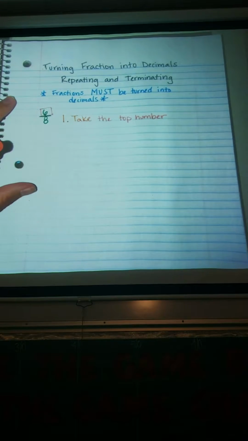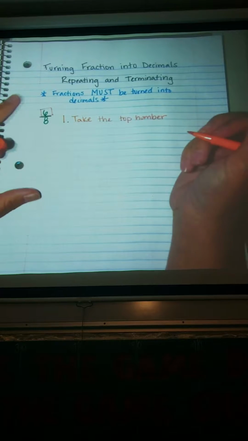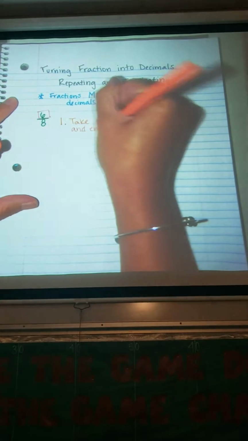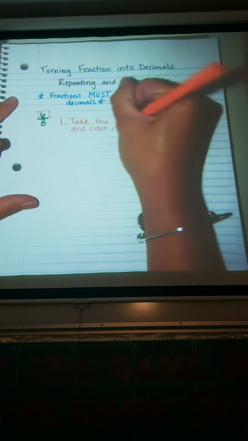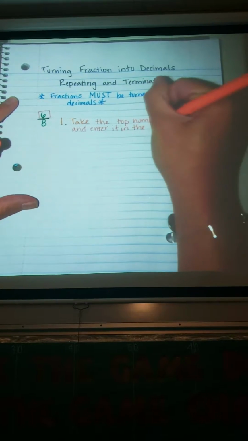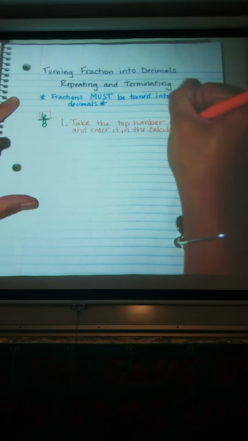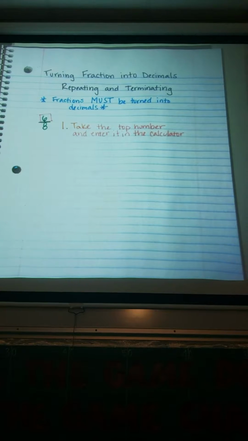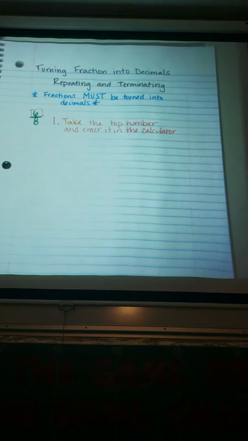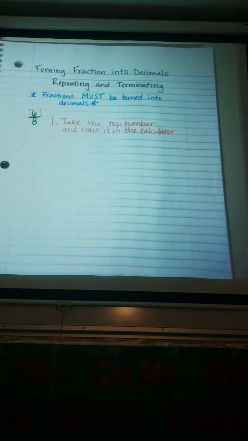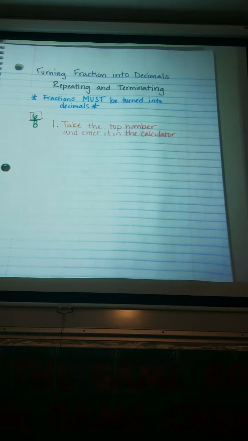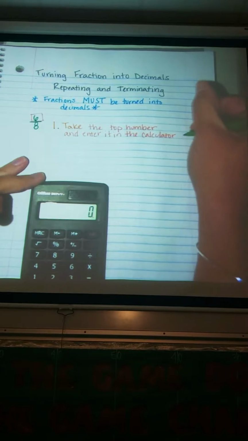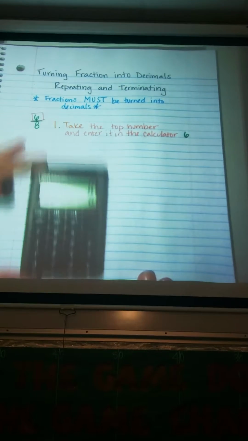And you're going to enter it into the calculator. Now remember, if you need to stop and pause and write this down, go through the steps with me. So I'm going to take my 6, and I'm going to enter the 6 into the calculator.